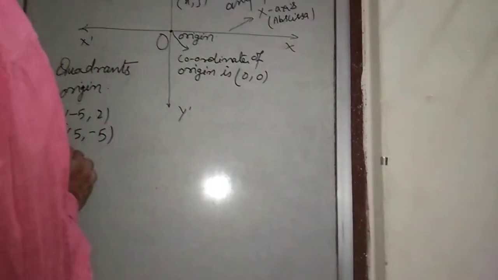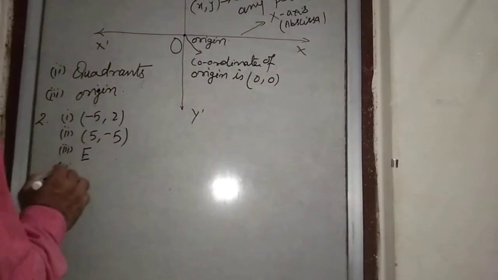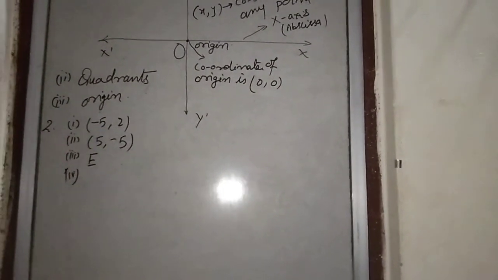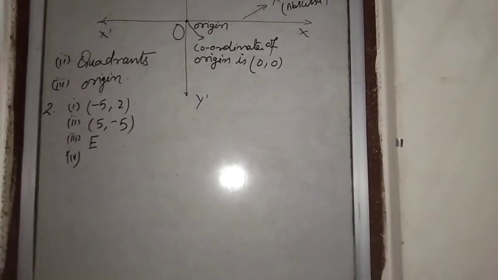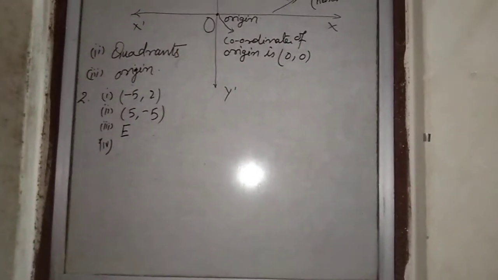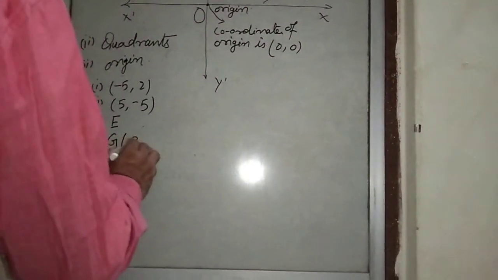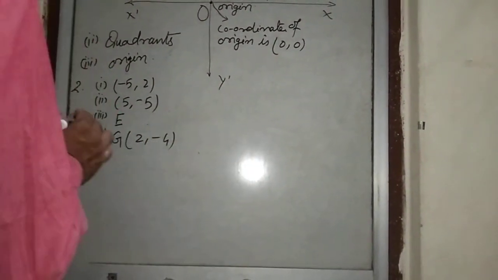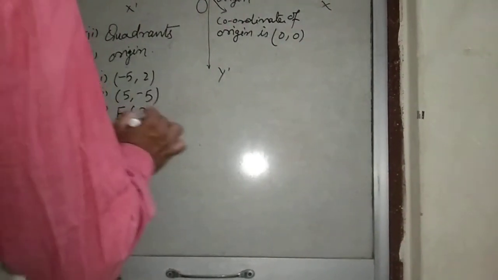This point represents E. And the fourth part, the point identified by the coordinate (2, -4), in the x-axis value 2 and in the y-axis -4, represents G. So (2, -4) is G and (-3, -5) is E in this graph.